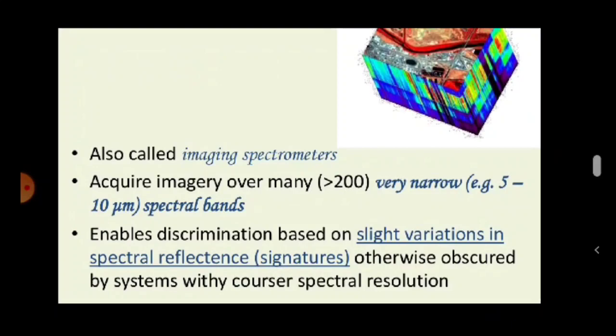When it comes to hyperspectral sensors, "advanced multispectral sensors" is another term used for them. They detect hundreds of narrow spectral bands in the visible range or the infrared portion of the electromagnetic spectrum.